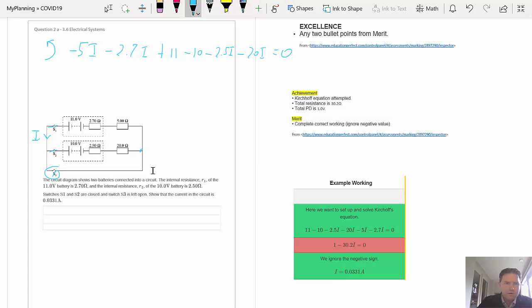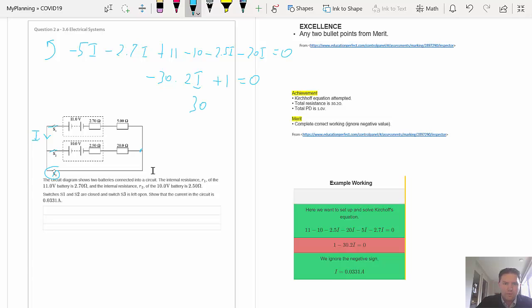20i equals 0. So I've got minus 5 minus 2.7 minus 2.5 minus 20, and so I get minus 30.2i, and I get 11 minus 10, which is plus 1, equals 0.